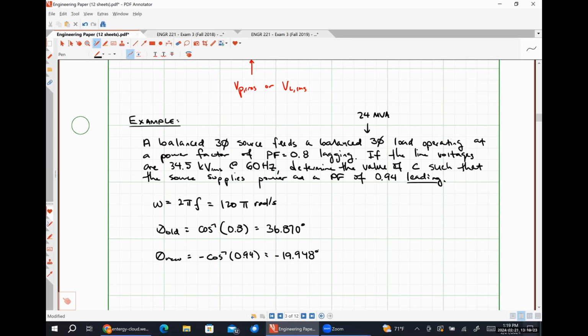So what am I missing? I think it's P old and my voltage. So P old is going to be the same regardless of whether my capacitor bank is connected in delta or Y. So how am I going to find that based on the information given?